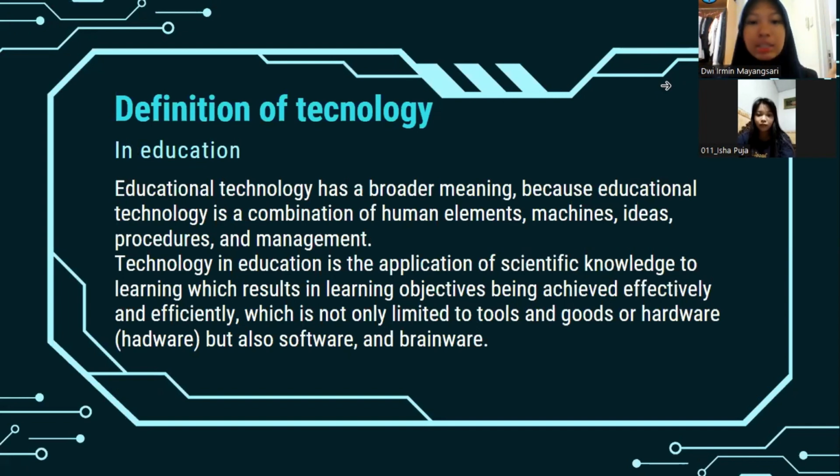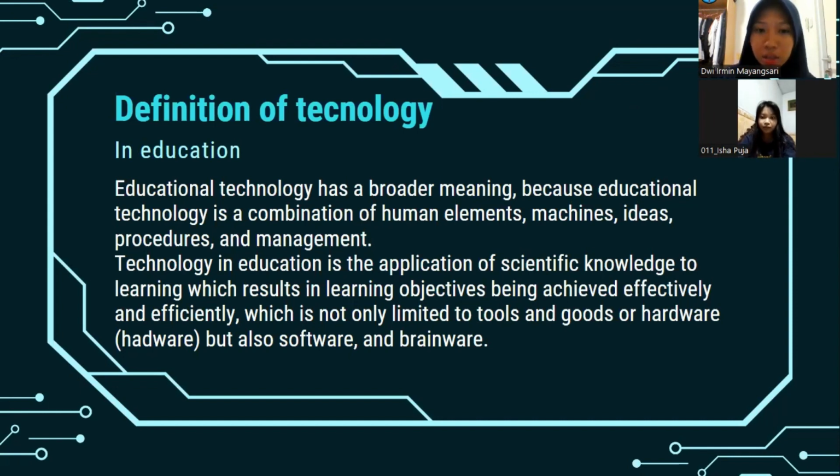Technology in education is the application of scientific knowledge to learning, which results in learning objectives being achieved effectively and efficiently, which is not only limited to tools and goods or hardware, but also software and brainware. So, the combination of computer hardware and software with educational theory facilitates the learning of students.